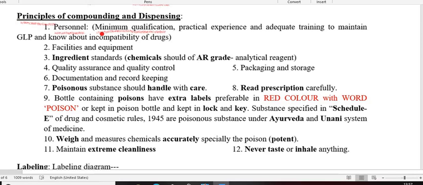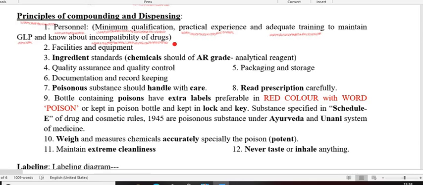He has to know about the calculation. He has to know about the ingredients. He has to have knowledge about practical experience. He has to have adequate training, and also knowledge about good laboratory practices, and also knowledge about the incompatibility of drugs.